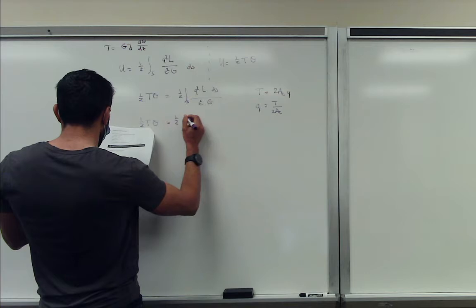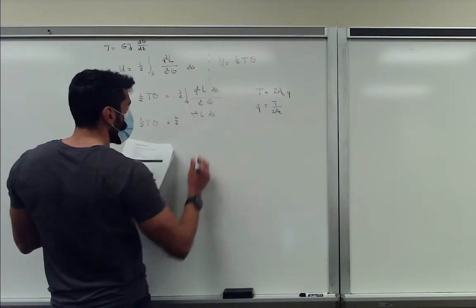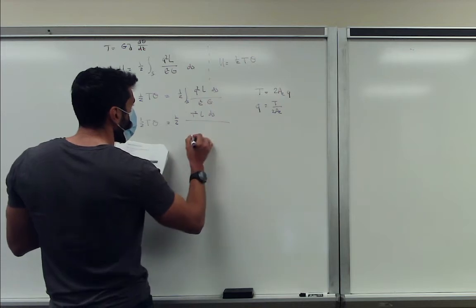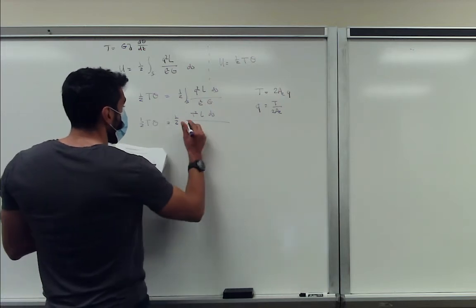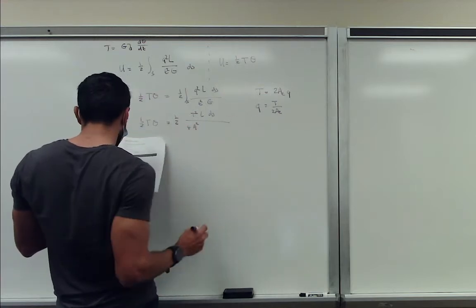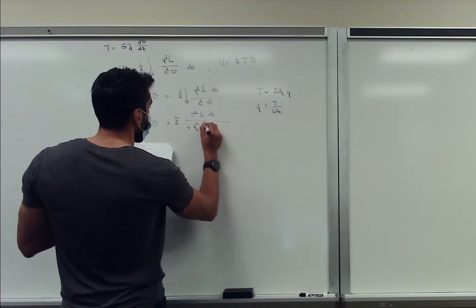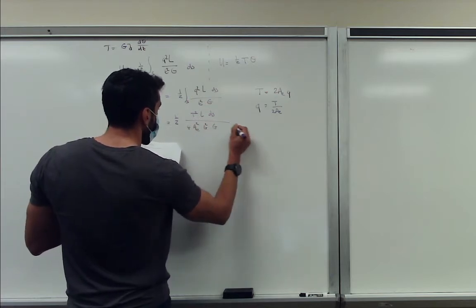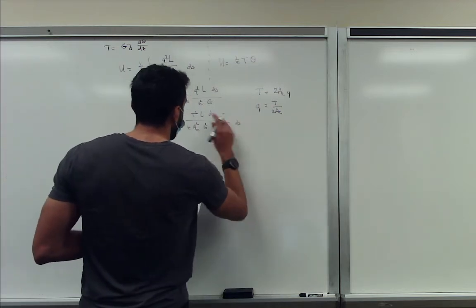The right hand side changes to T squared L ds. And then what we get here is 2 squared becomes 4. This becomes A squared. A squared T squared G. And we still have our integral around ds.